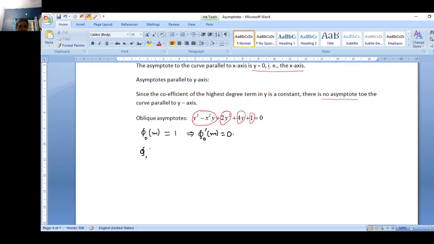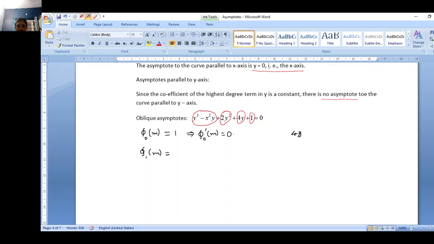Now we go for phi 1 of m. So what is phi 1 of m? Phi 1 of m, as you can see here, is supposed to be 4y.